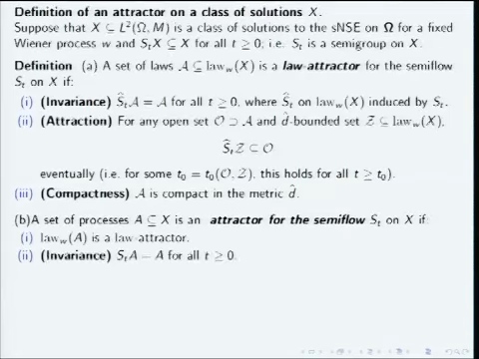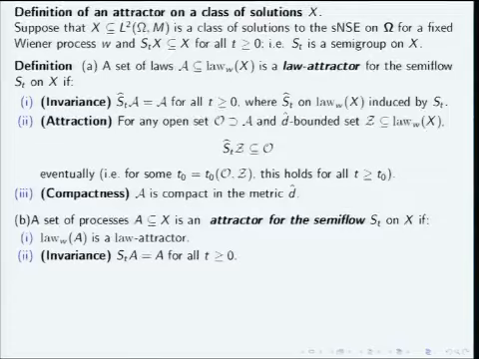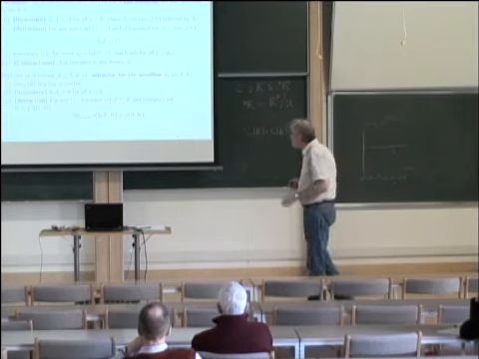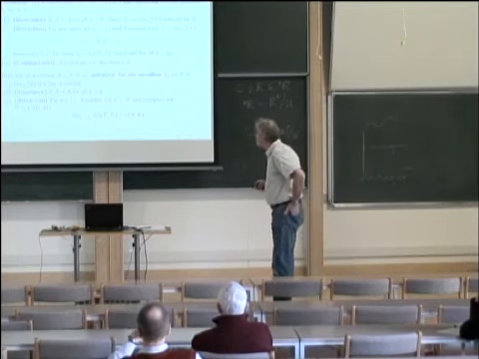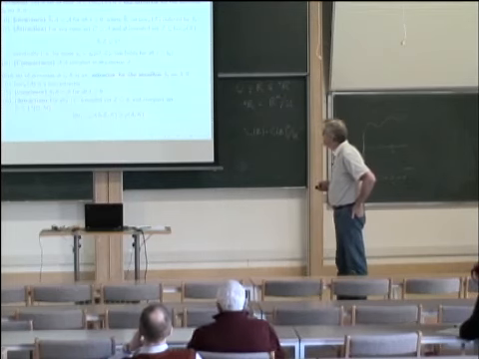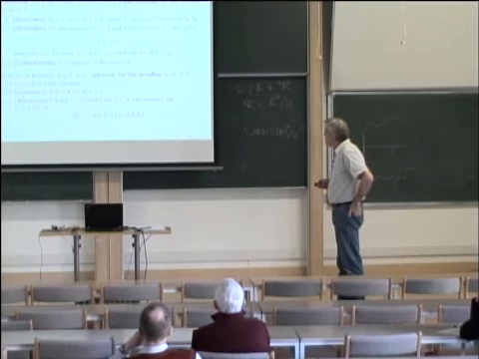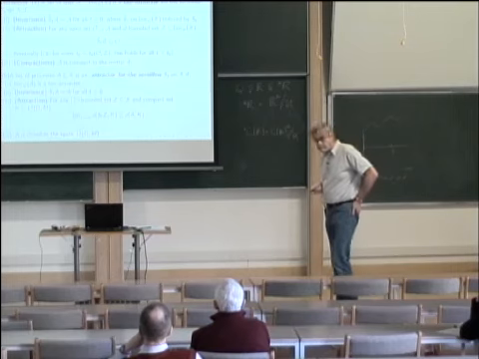But then now we're looking at processes. So we want the set of processes to be invariant in this way here. And then attraction, which is not quite the normal sort of attraction. I'll say a word about that in a moment. And then you'd hope for compactness to be your final condition.